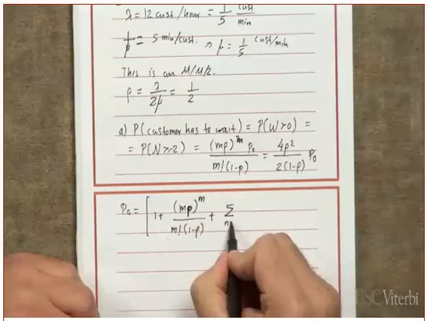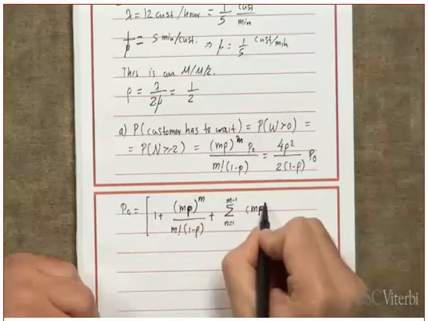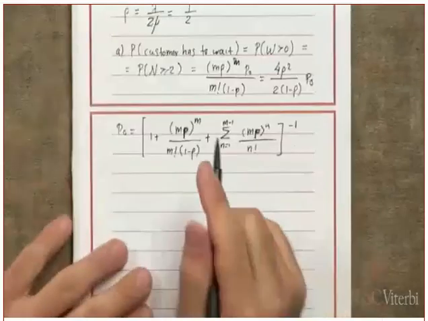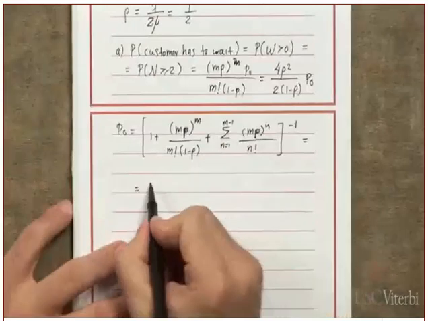And this is 1 over 5 times, and this is 20 over 3 minutes. Nothing really strange so far, right?